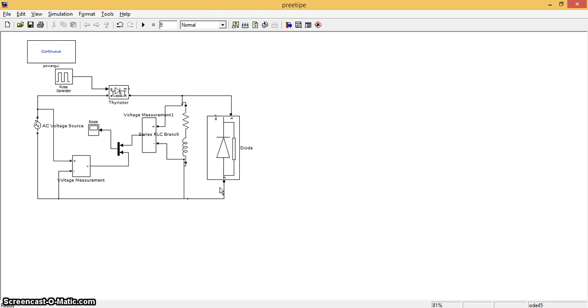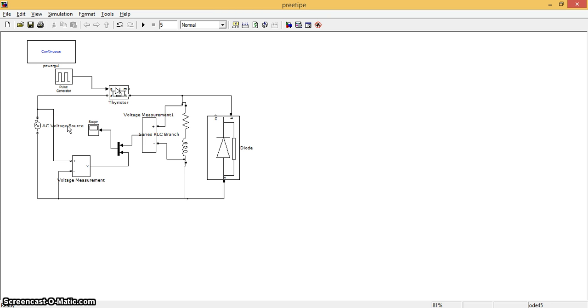In case it is a highly inductive circuit, L will not allow the current to change instantaneously, so we should have a low value of inductance. We know that V0, the output, equals Vm by 2 pi into 1 plus cos alpha, where alpha is the firing angle.